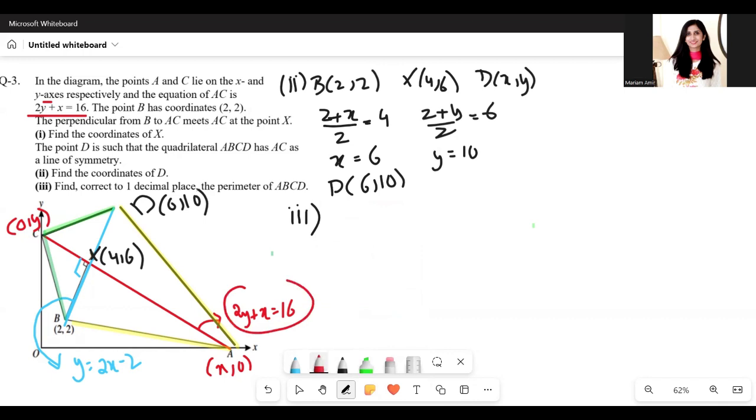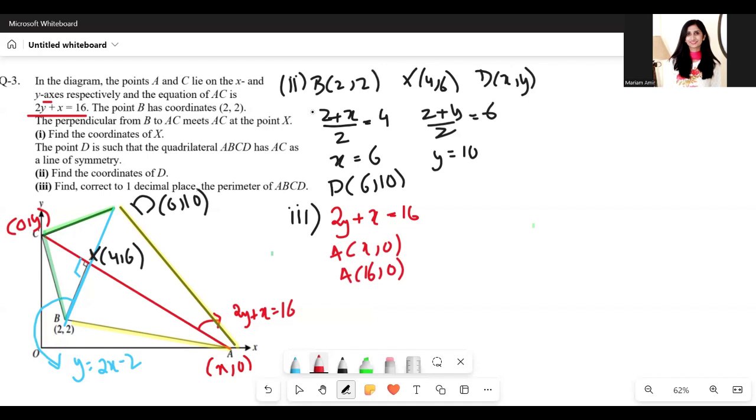What's the line AC? This. So if we have the line AC, we can easily find the coordinates of A and C because we already know for A, y is 0 and for C, x is 0. So then there's nothing much left to do. So for A, we know it's x, comma 0. So if y is 0, x is just coming out to be 16. So A comes out to be 16, comma 0.